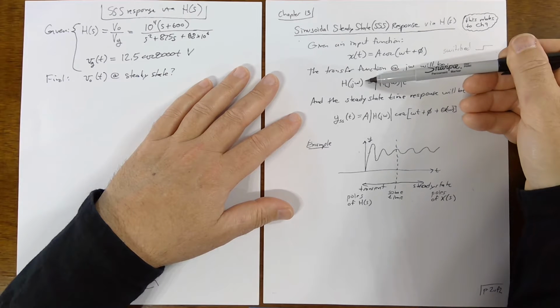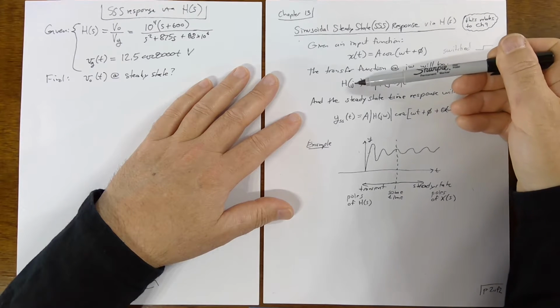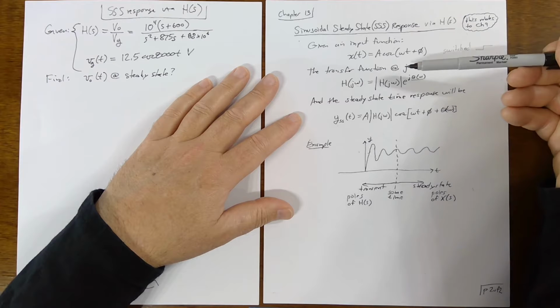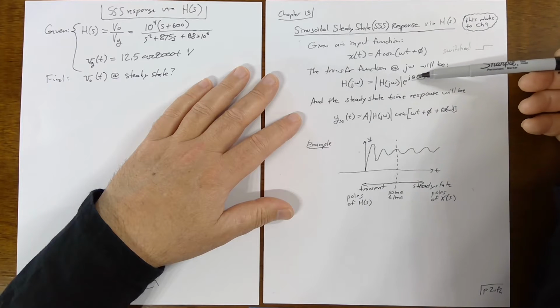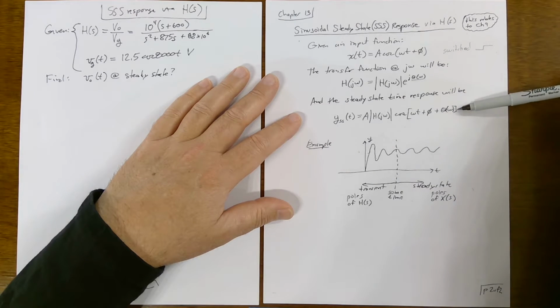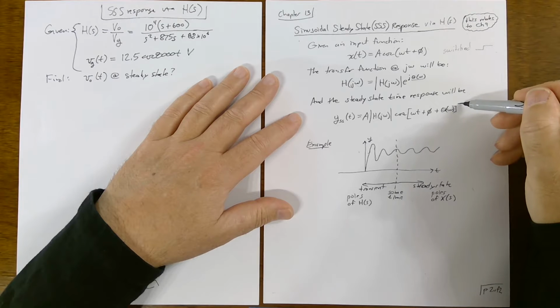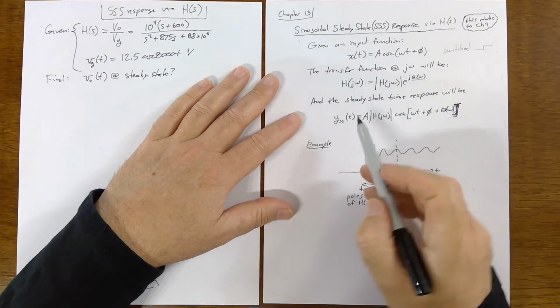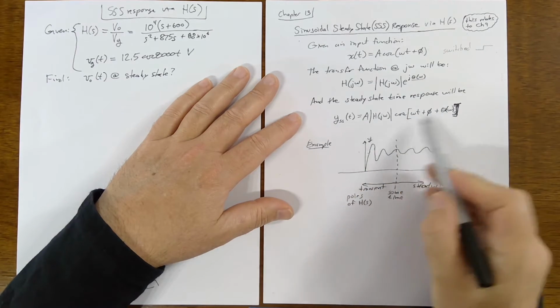This is given a transfer function. If we solve it at j omega, we'll end up with a magnitude and an angle that we can plug back into the output signal and get our answer.